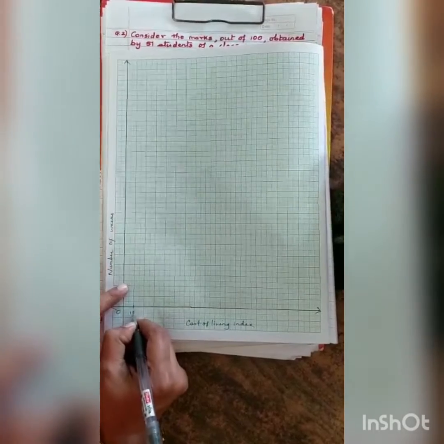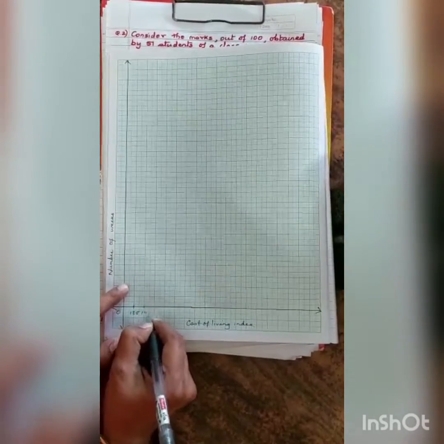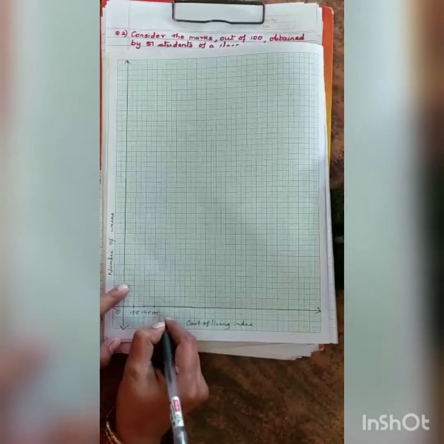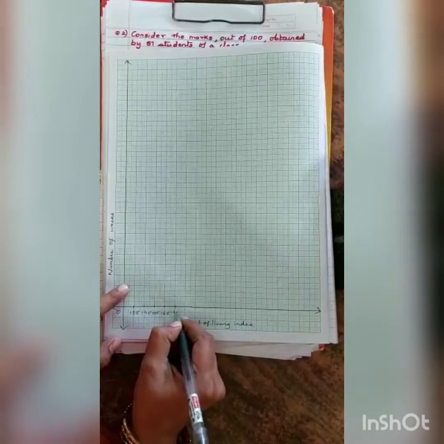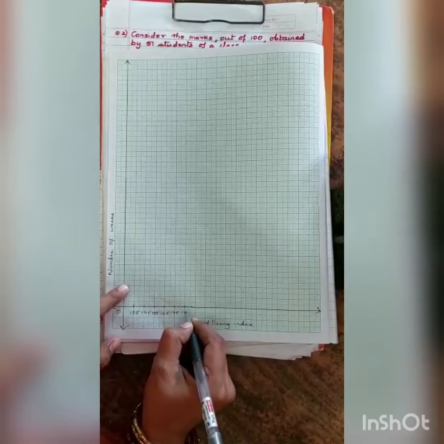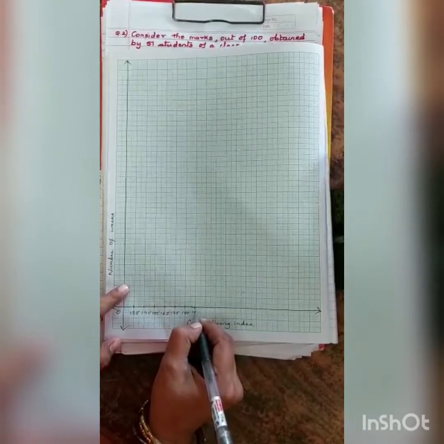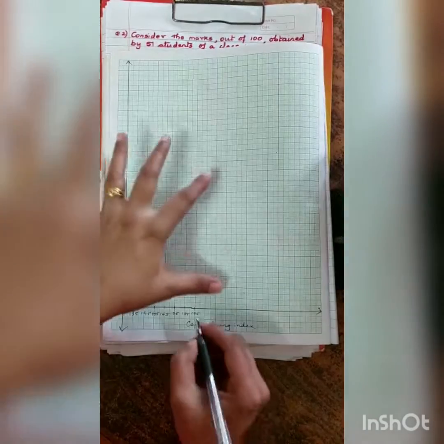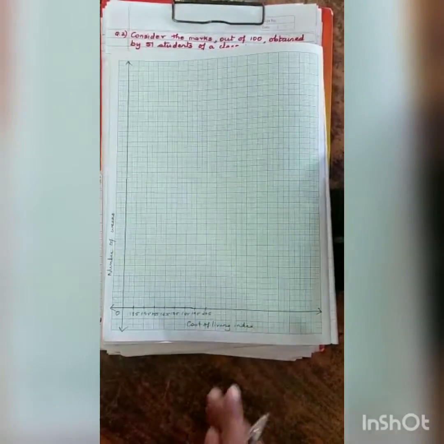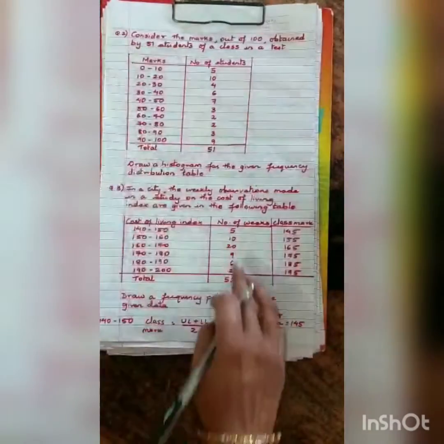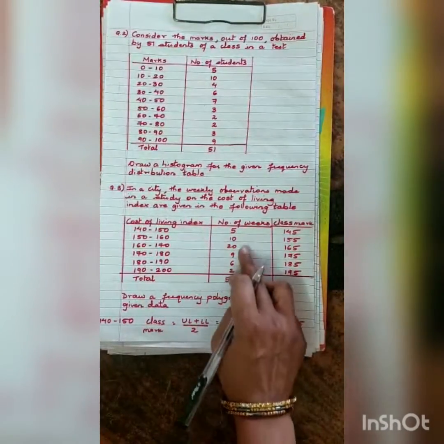We write 135, then 145, then 155, 165, 175, 185, 195, and then after 195 what will we get? 205. Clear?